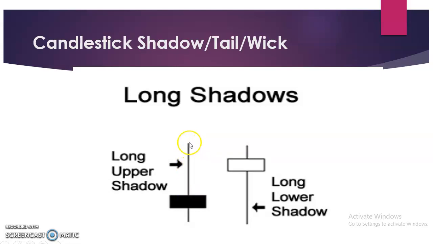Now, when you see a long wick or a long shadow like this, it means that the rejection that happened during that period is really massive.